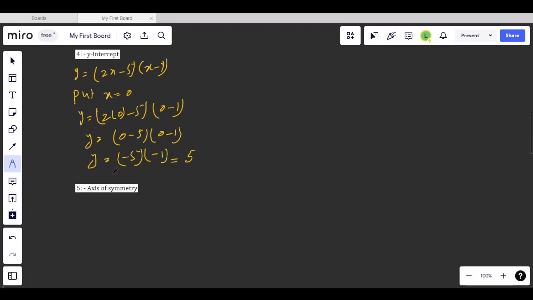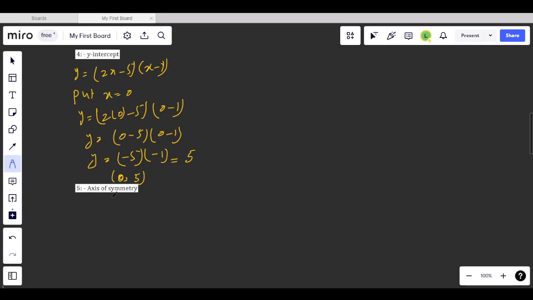So we're going to write it in the intercept form, that is 0 and 5. This is the y-intercept. What does this 0 represent? This 0 represents that the x coordinate is 0, at the point where the graph is crossing the y-axis.